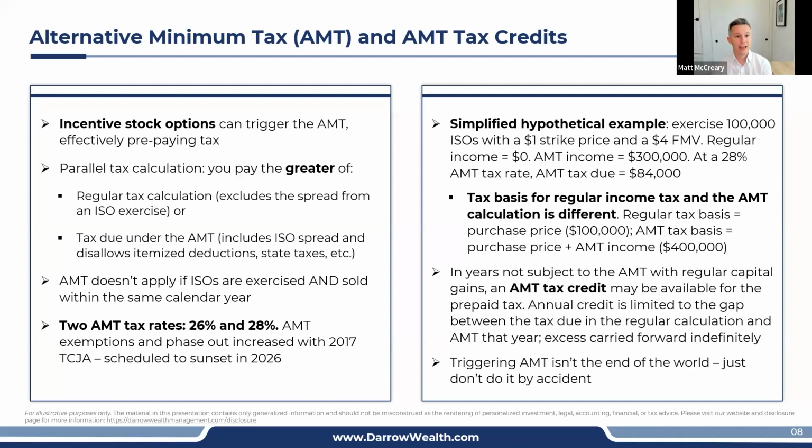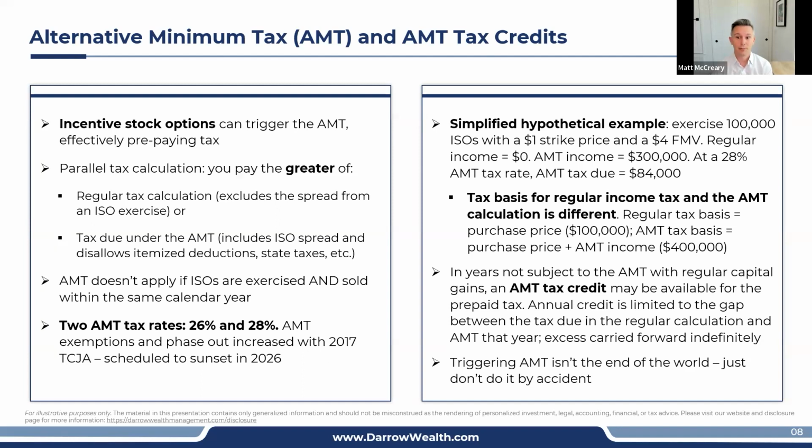We're going to get into a hypothetical example. It's important to think that we are not including any other income. This is purely an AMT calculation for simplicity's sake. So let's say you have 100,000 incentive stock options with a strike price of $1 and a fair market value of $4.